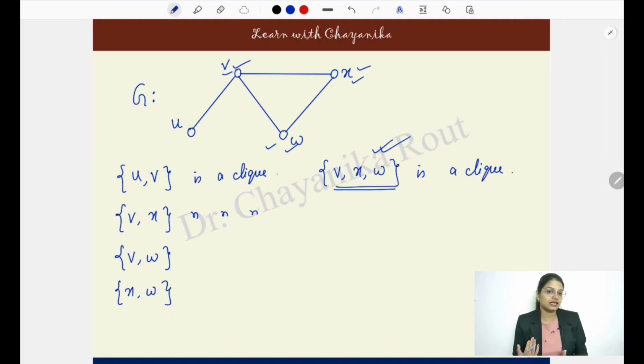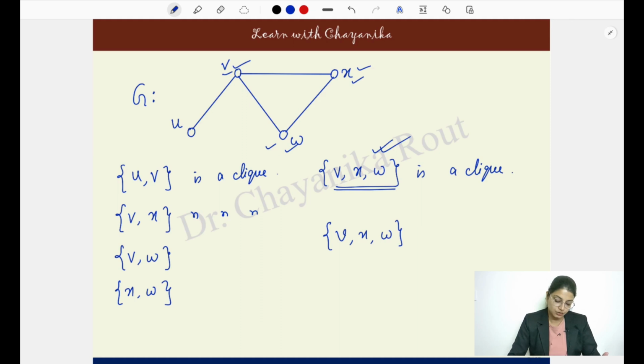Now can I get a clique of size 4? If you are to have any clique of size 4, then that will be formed by any of the cliques of size 3. Here you have only one clique of size 3, so proceed further to check if this clique can be extended to a clique of size 4 or not. If VXW has to be extended, then the only possible entry could be U. Can I enter U?